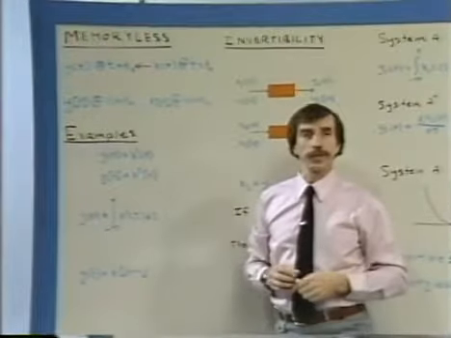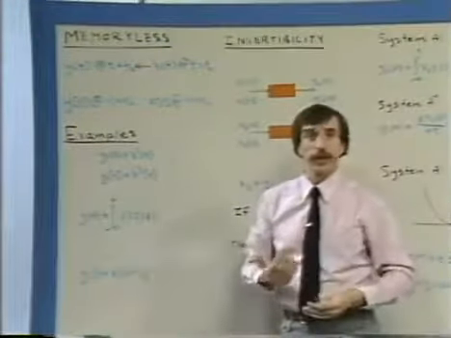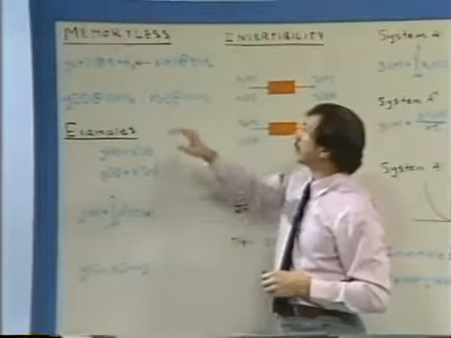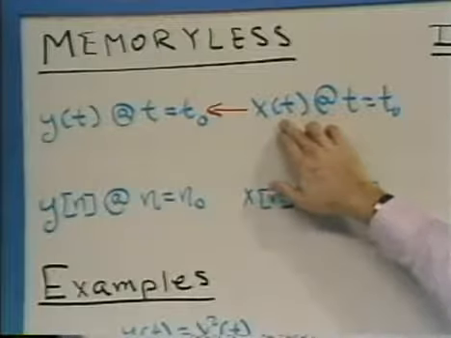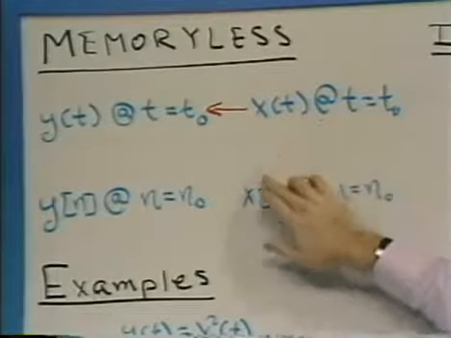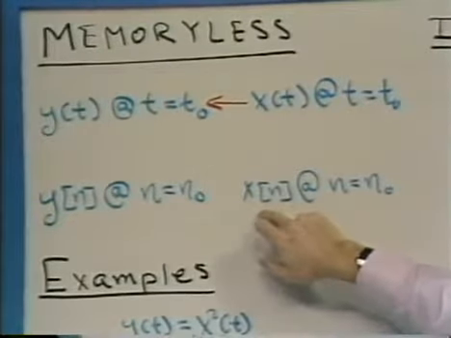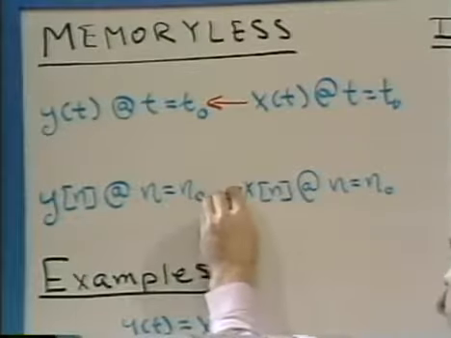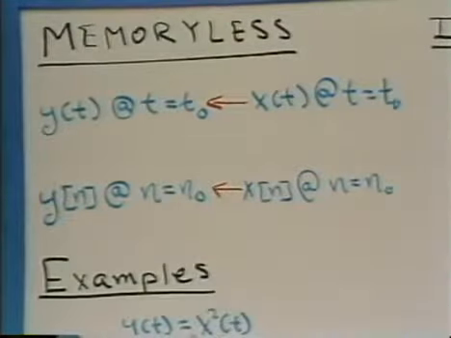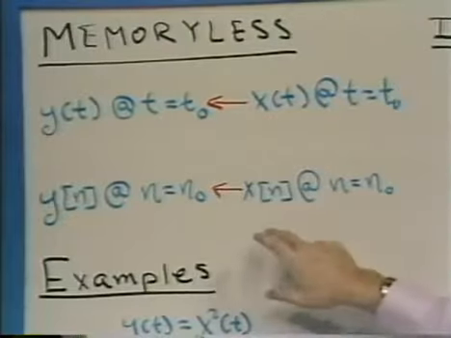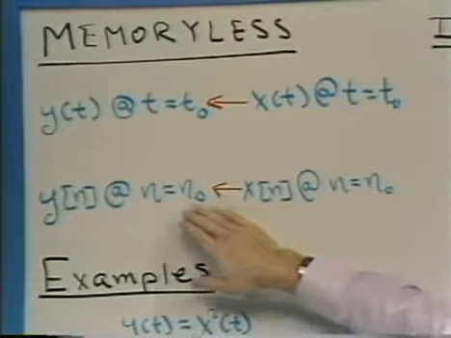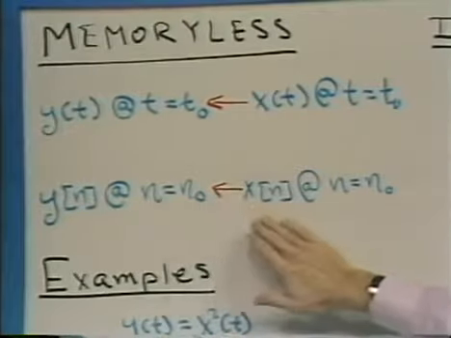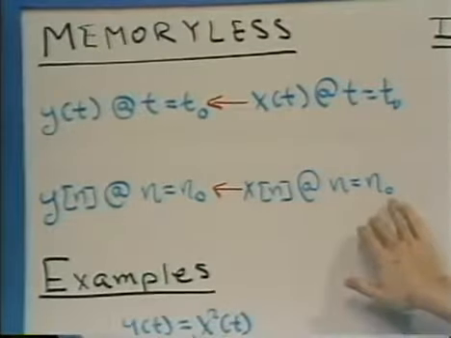And that definition applies both for continuous time, as I've indicated it here, and also for discrete time, as I've indicated here. And so we have a similar definition in discrete time, that the system is memoryless if the output at any given time depends only on the input at that time.